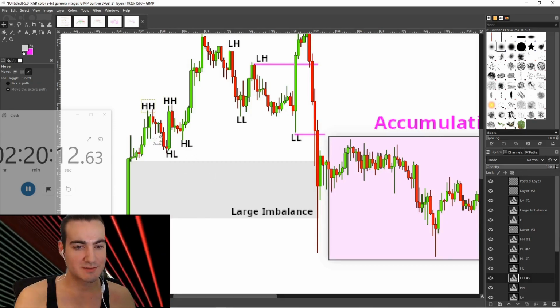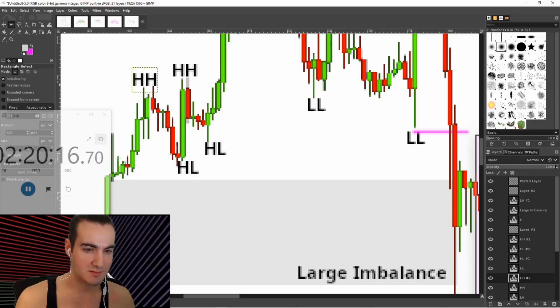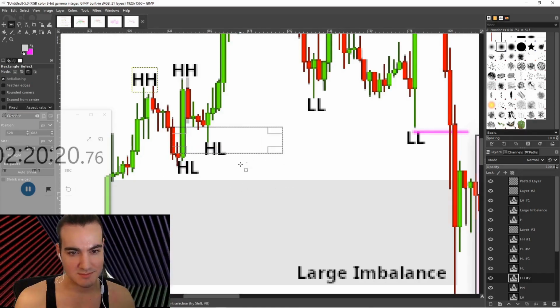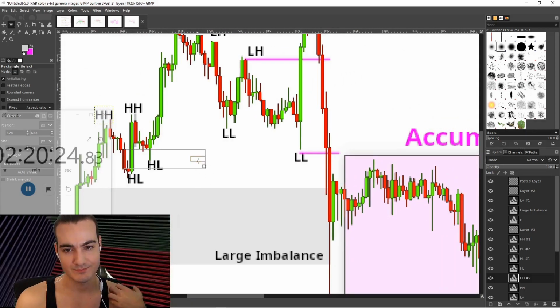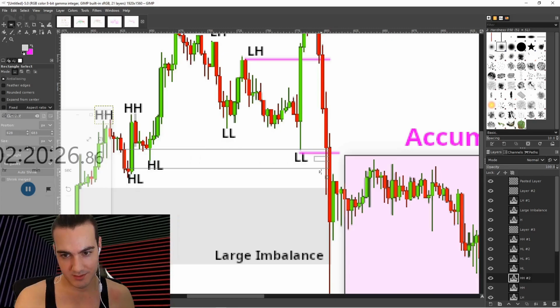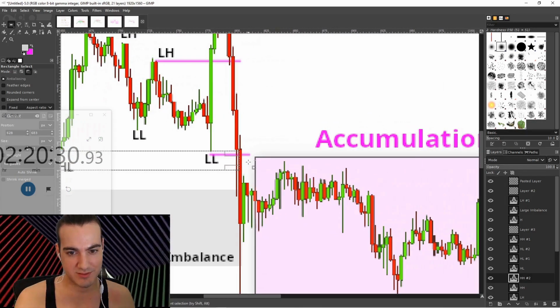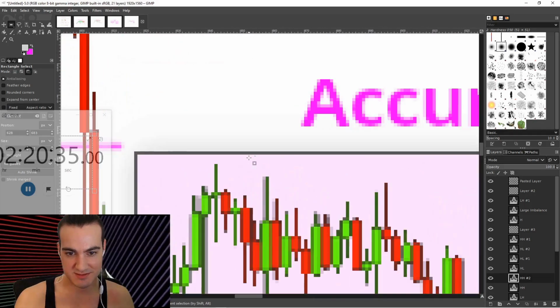Now, what do I see with two higher highs and lower lows really close together? It's a nice order block. And then here it'll turn into a breaker block. You can see how it flips into resistance.